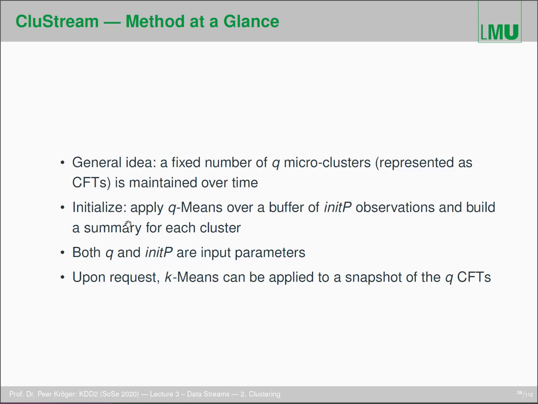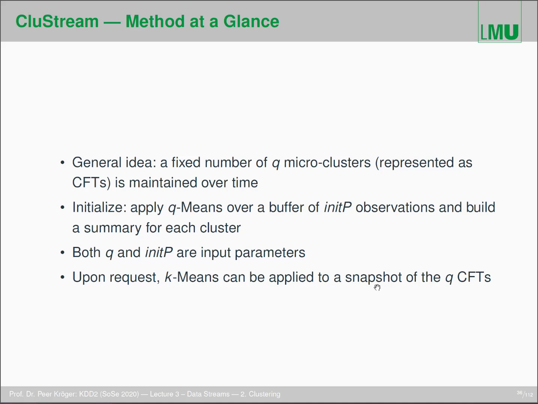The whole thing is initialized by applying k-means with k equal to q, of course, over an initial buffer, and then the summary structures are built for all the q clusters we get. So both q and the initial buffer size are input parameters that you have to set. And then upon request you can run k-means on a snapshot of the Q temporal cluster features you have at that moment.